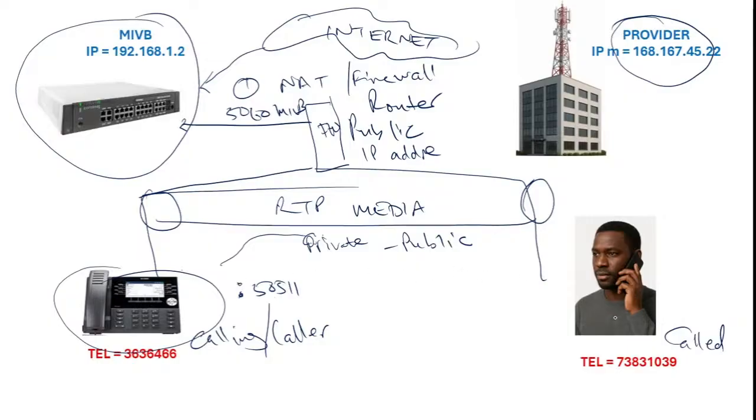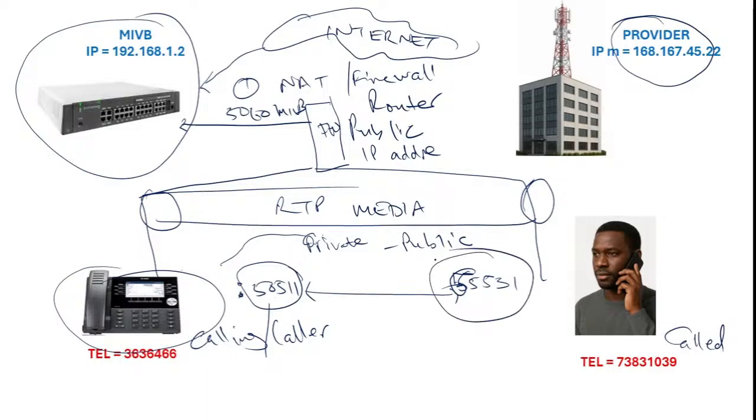It should not change, and also the RTP port negotiated from this side, if it was 65531, it should also not change. The firewall should not tamper with this. These two ports should remain as they are.